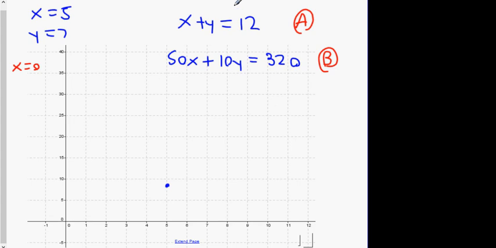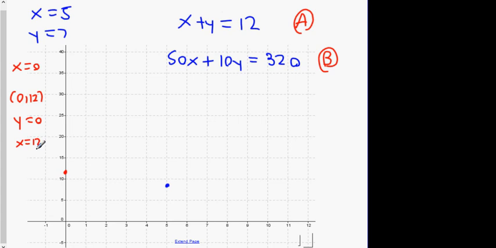0 plus y equals 12, so y is 12. So mark the point 0, 12, located here. Everybody got that? Next thing, let's make y equal 0. When y equals 0, x equals 12.